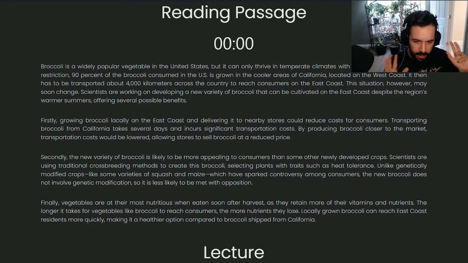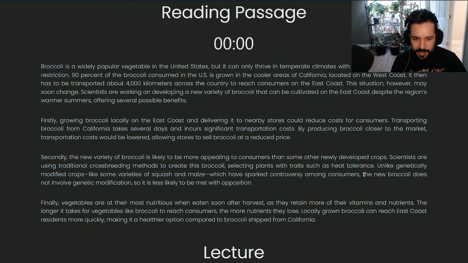Now, again, we are hearing about both sides. So people don't like GMOs, genetically modified organisms. They hate GMOs, but the writer is telling us, okay, the methods that we are using are not really similar to the other GMOs that we had, the ones that people hated. So it's more likely that people are going to actually like these new products.